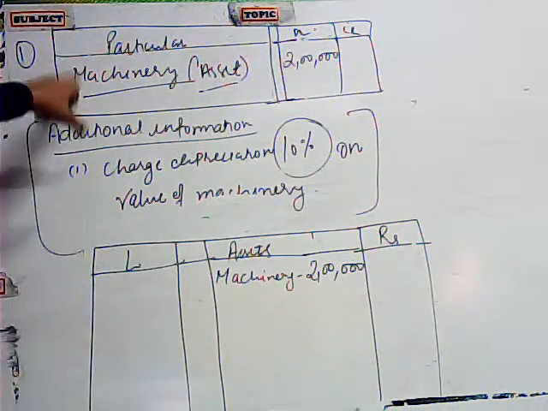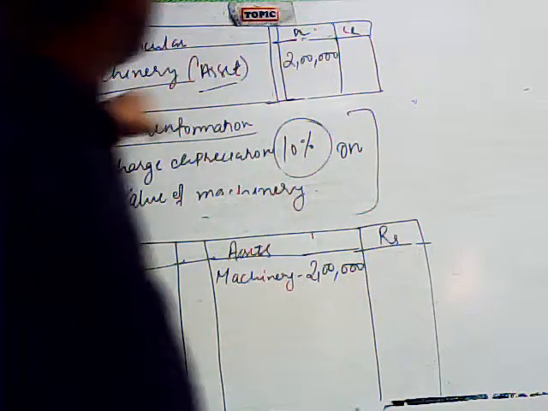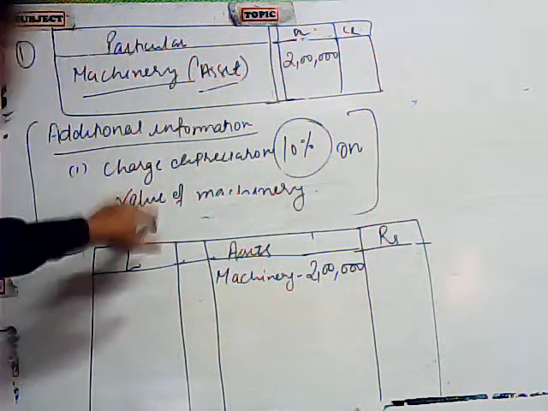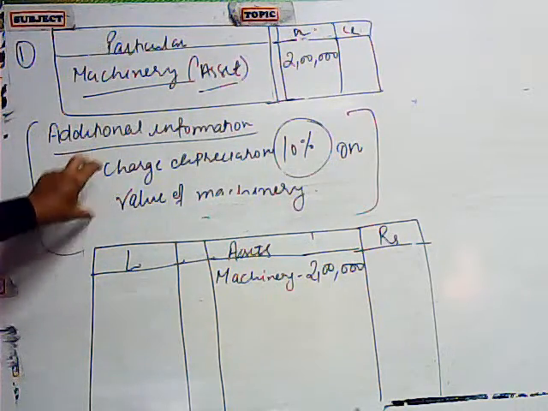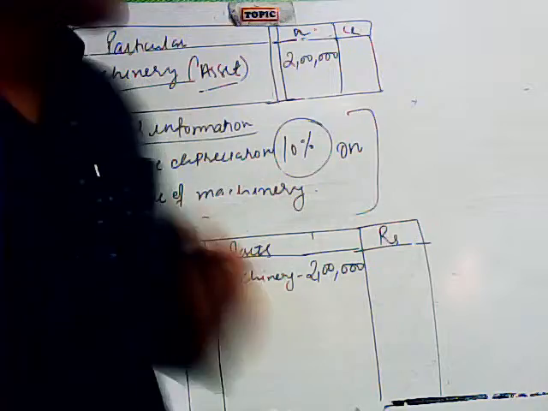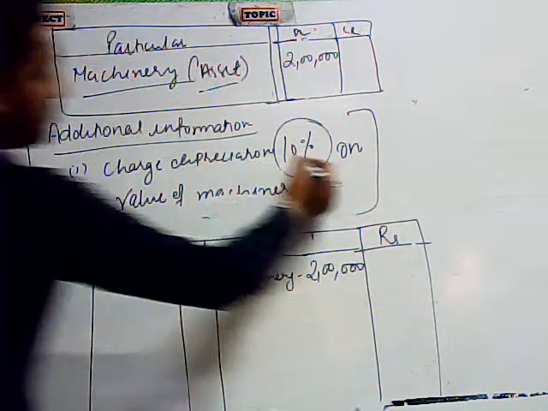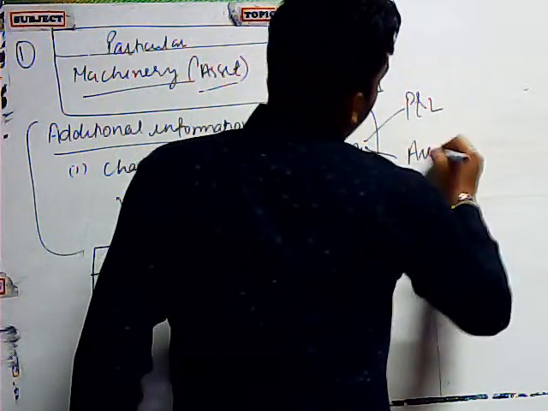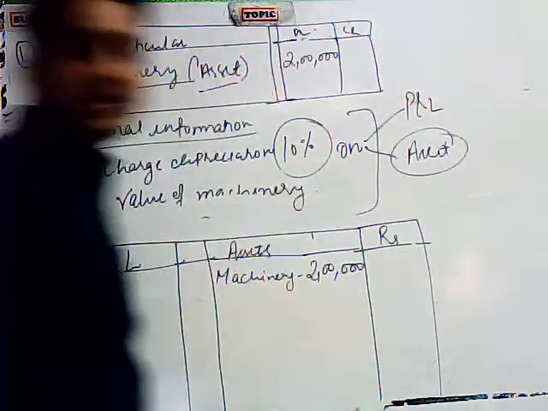Any information in the trial balance will be recorded only once, not more than once. And if I'm talking about the adjustment, we have to record this transaction at a minimum of 2 places. First, we have recorded it under the profit and loss account, and secondly on the asset side, that is the balance sheet side.